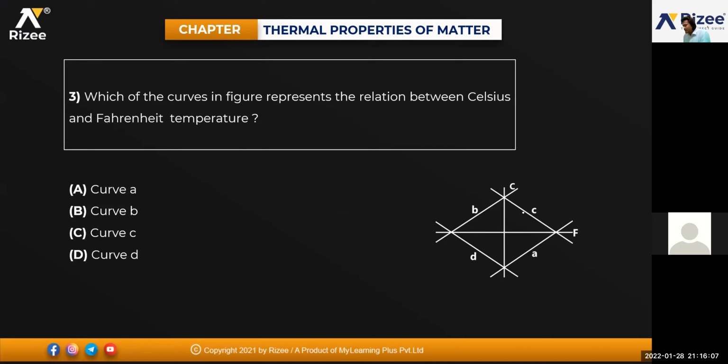This one is A, this one is B, this one is C, and this one is D. So these are the graphs. These are basically X and Y graphs. What will be the answer?